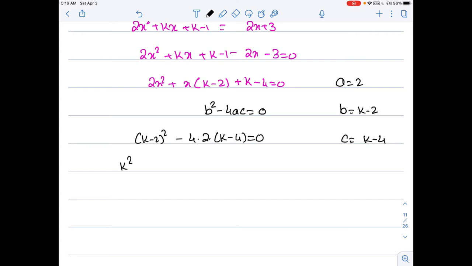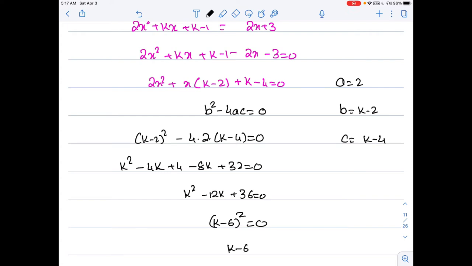So I expand it out, k squared minus 4k plus 4 minus 8k plus 32 is equal to 0. So I further simplify, I get k squared minus 12k plus 36 is equal to 0. If I further simplify, it becomes (k minus 6) whole squared is equal to 0. k minus 6 is equal to 0, which implies k is equal to 6. That's going to be the answer.